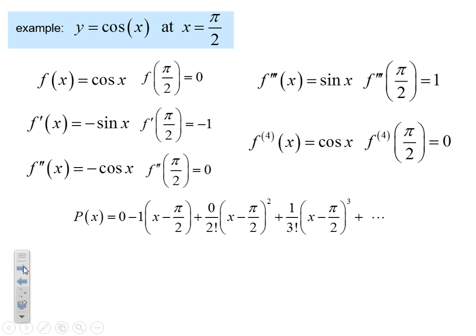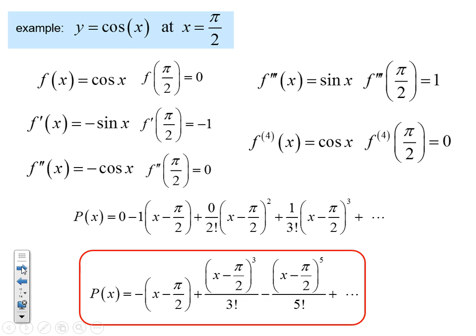So here is f of pi over 2, which is 0. Here is our first derivative times x minus a to the first, plus our second derivative over 2 factorial times x minus a to the second, plus our third derivative over 3 factorial times x minus a cubed. Okay, so like Jared said, we're only going to have the odds.